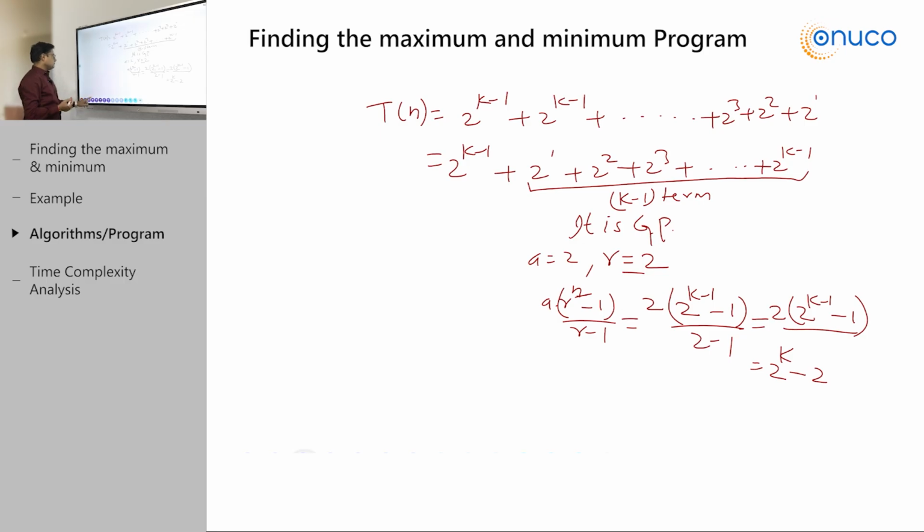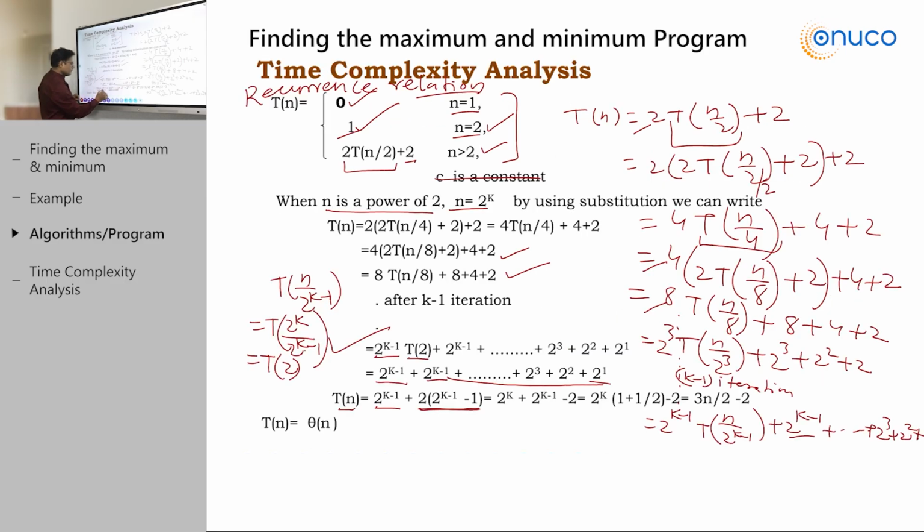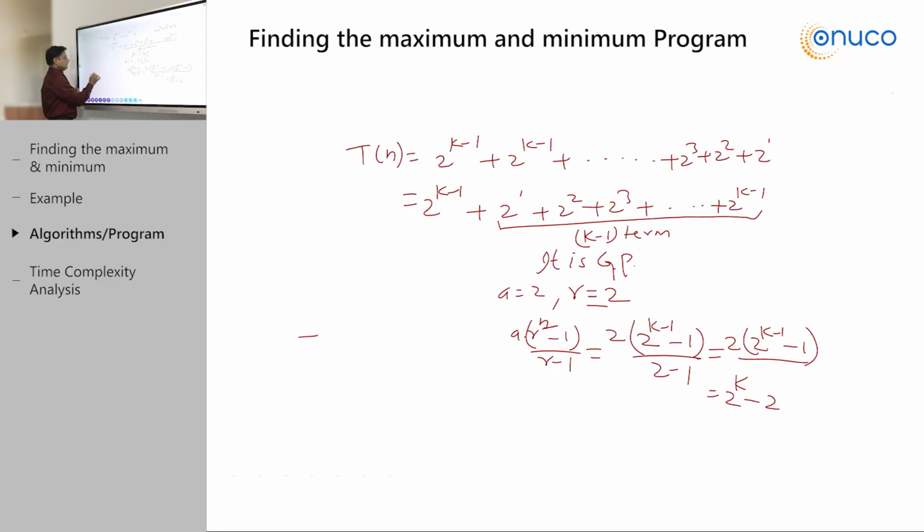Now let us see that in the previous case, we have 2^(k-1), 2 into 2^(k-1), we are getting 2^(k-1) and minus 2, right? So final is T of n is equal to 2^k plus 2^(k-1) minus 2. Do you have any common terms in this? Yes.